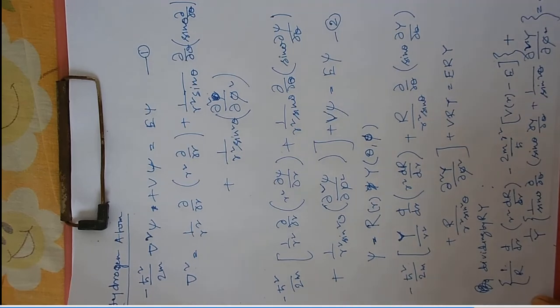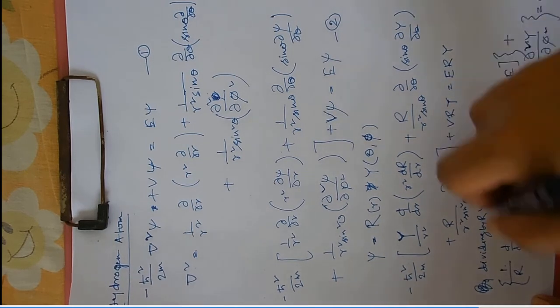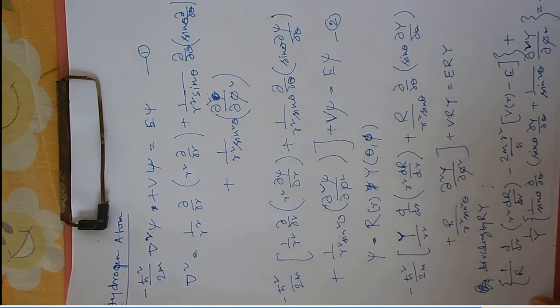So I simply got one equation, but with two different parts: one radial and another angular.